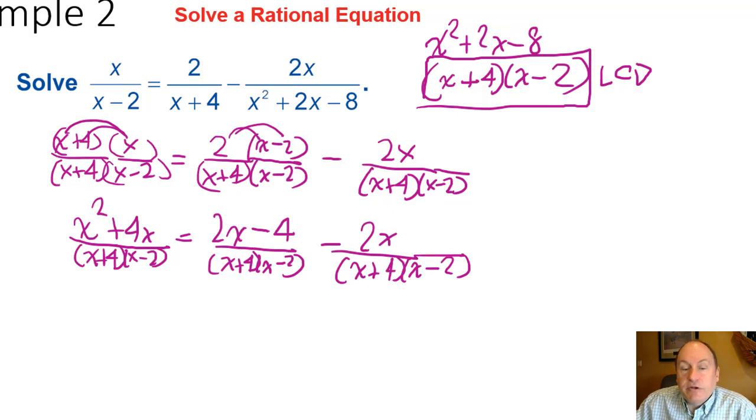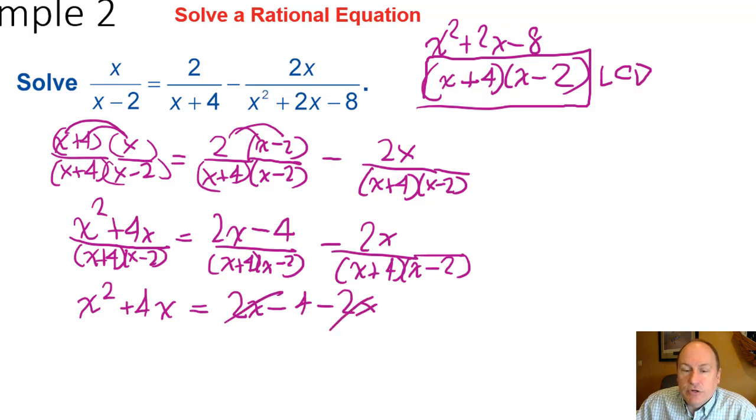Okay, so since the denominators are the same, we can set the numerators equal to each other. x squared plus 4x on the left-hand side equals 2x minus 4 minus 2x. Notice the 2x's are going to cancel each other out when we combine like terms. And so we wind up with x squared plus 4x equals negative 4.